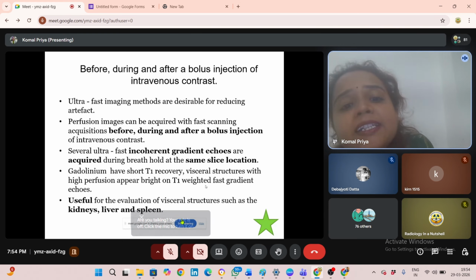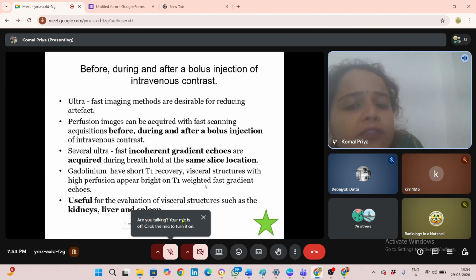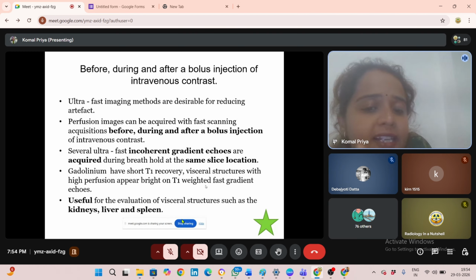So this contrast agent will shorten the T1 recovery time, and the visceral structures will be appearing high perfusion areas as brighter on the T1 weighted fast gradient echoes. Okay, so this is how you will see in your perfusion.